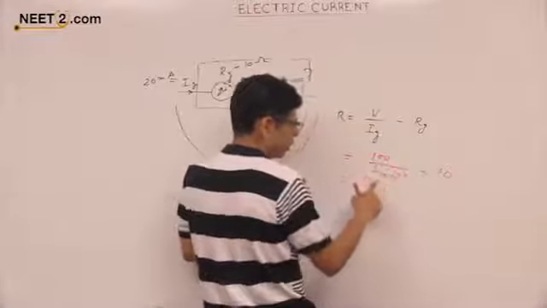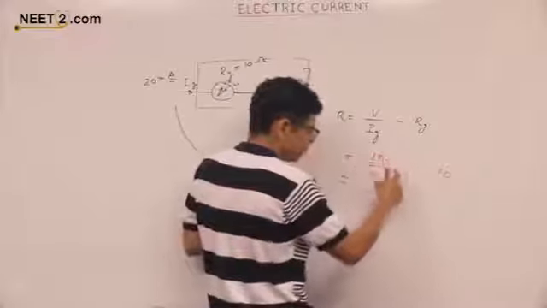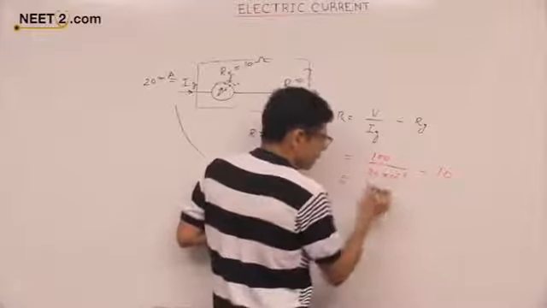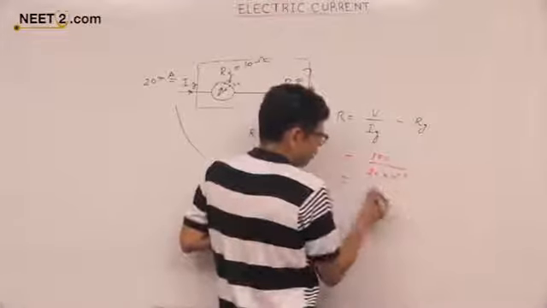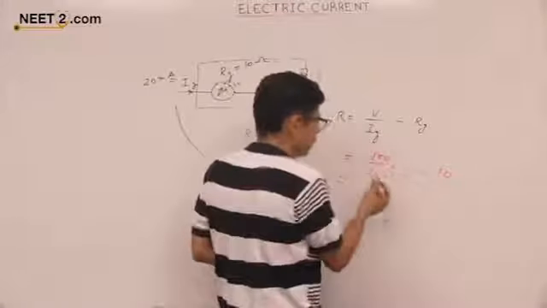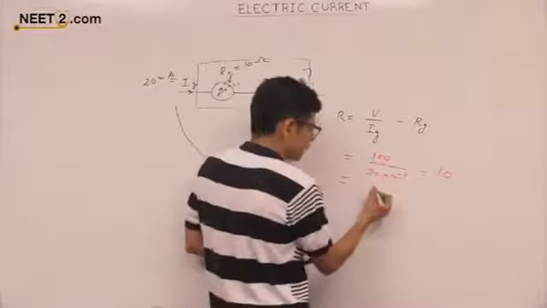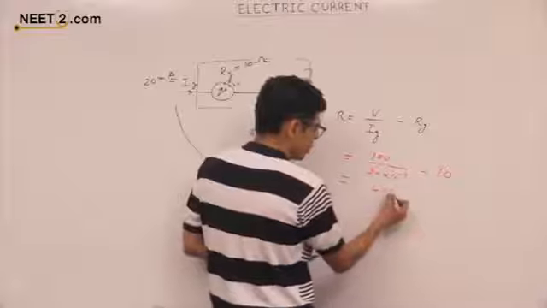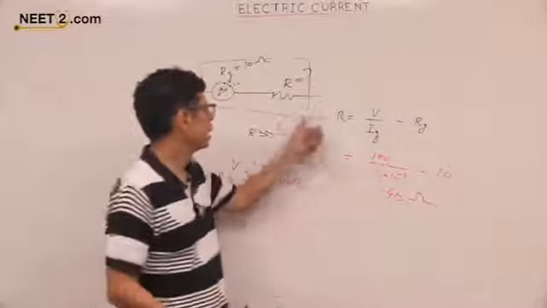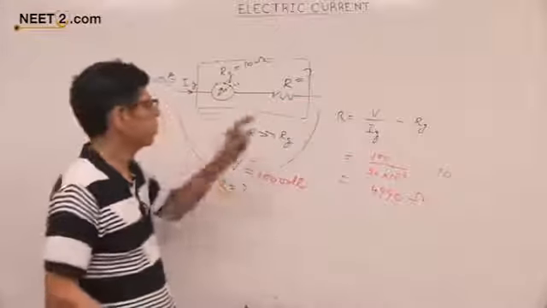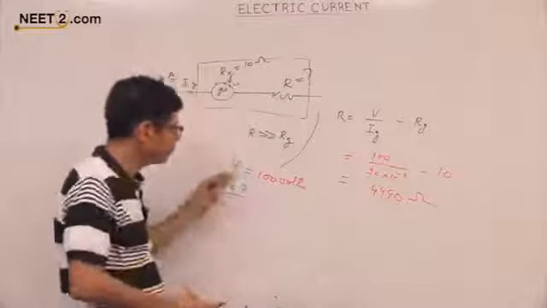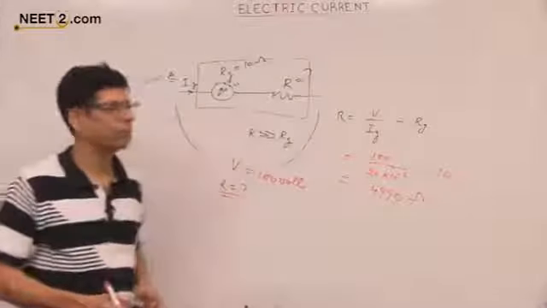This 20 cancels with this, giving us a 5, and this jumps there, 1000. So 5,000. If I don't want an exact value, I can say 5,000, else I can say 4,990 ohms. So that's the resistance that I have to put in series to convert this galvanometer into a voltmeter, which will be capable of measuring up to 100 volts.